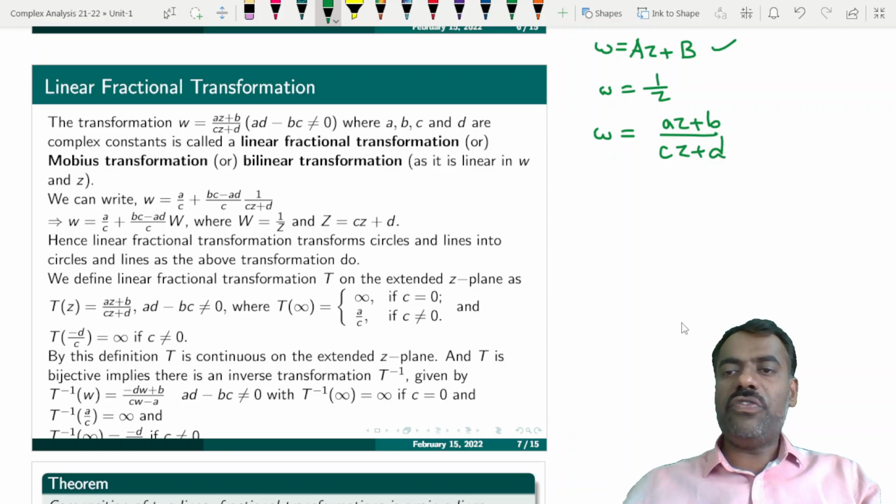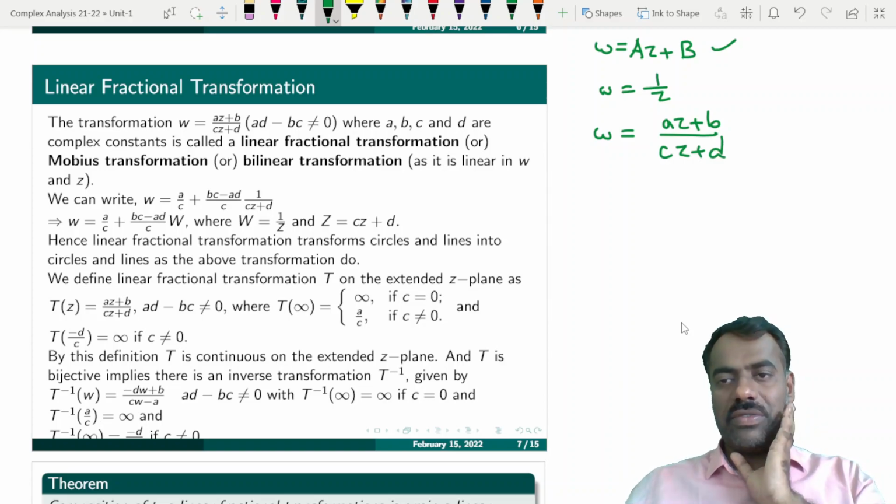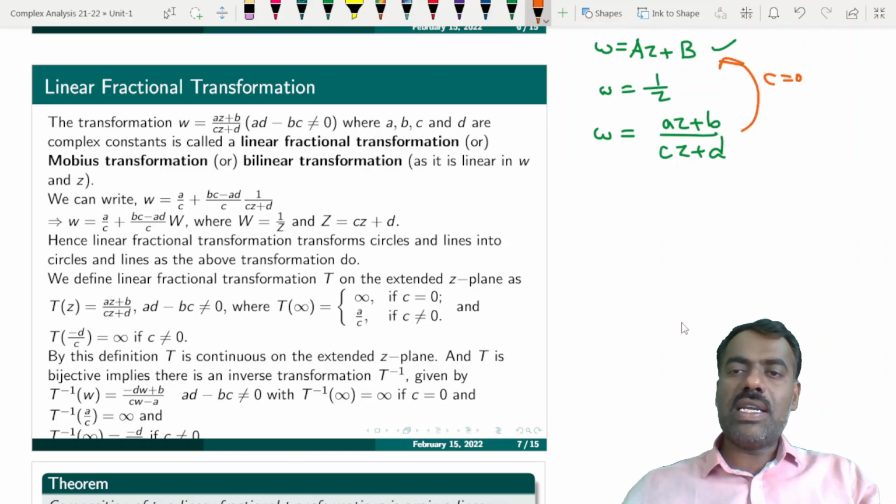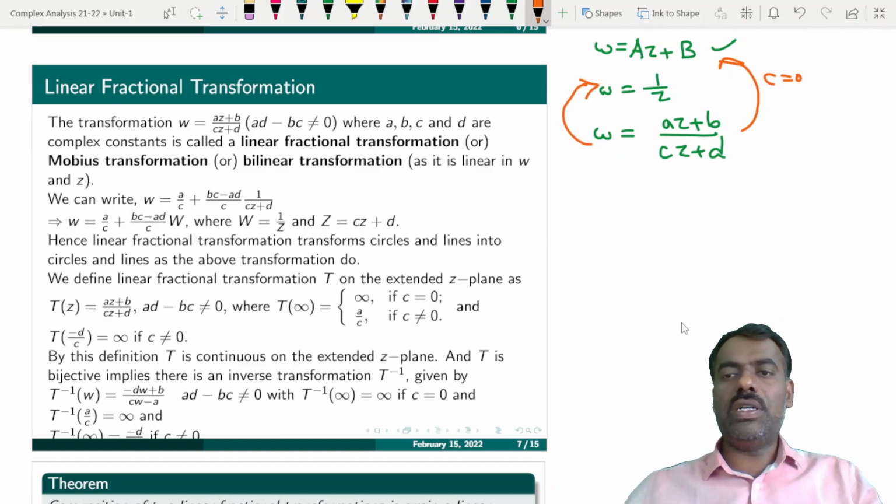If c is equal to 0, then what we have is precisely the first case, and this becomes this if we want something like 1 by z.